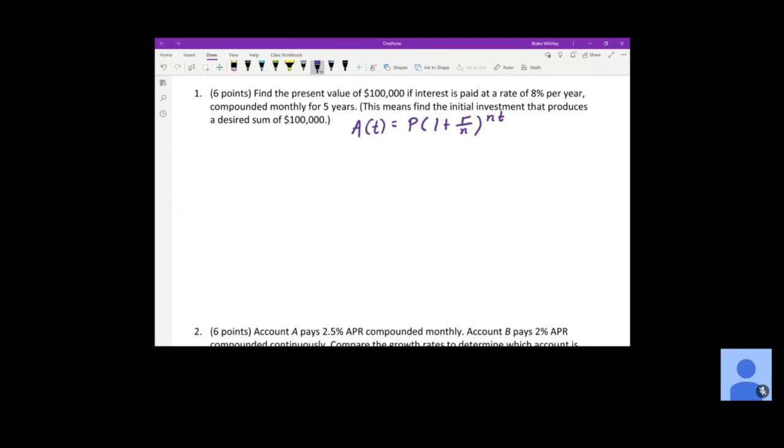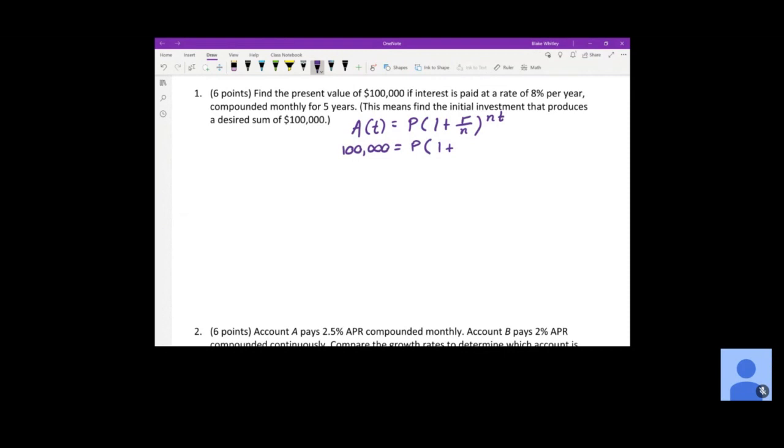Okay, so that's right. So A of T in this case is going to be the $100,000 because that's how much we want to end up with. What are we actually trying to solve for this time? We're solving for P because we want to find the initial investment, which is the principal, right? So it's going to be 100,000 equals P times, and then we have our 1 plus.